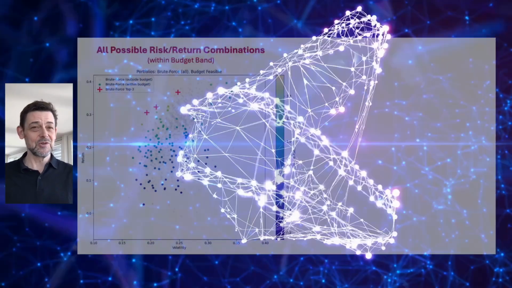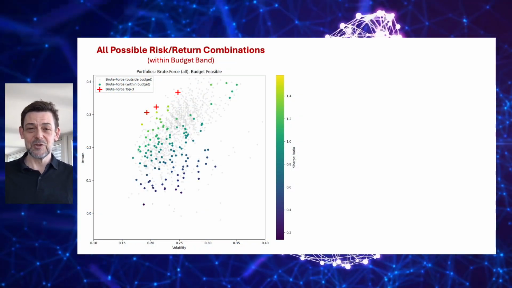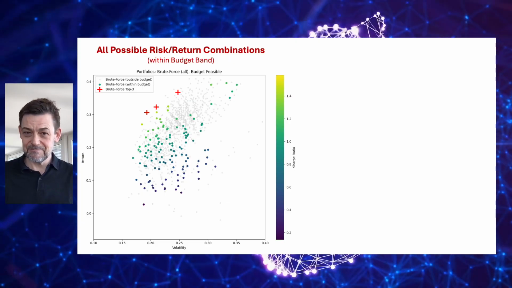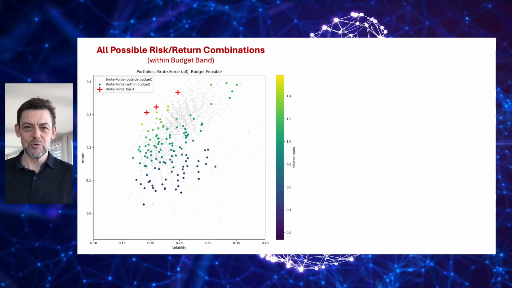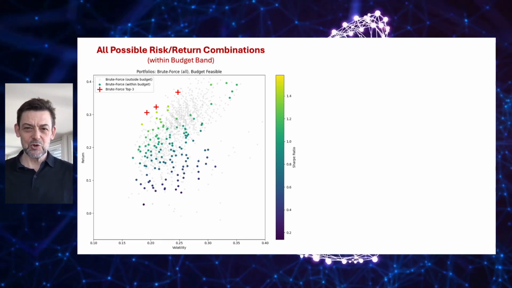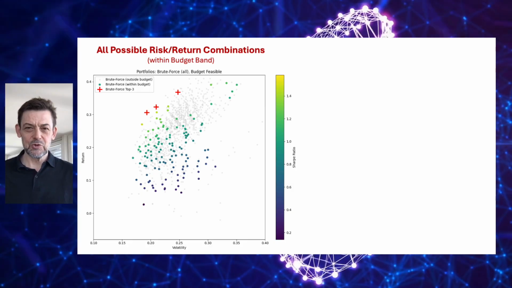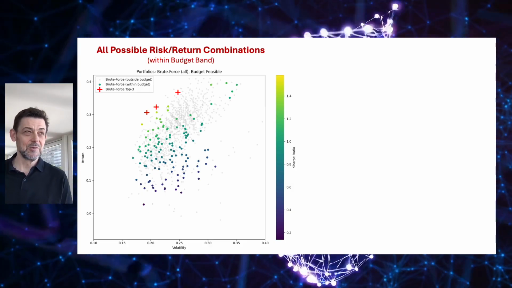As said, you find the Python notebook on the qubit-lab.ch webpage right below the video tile. Here, we see the brute force list of the portfolios on the risk return view. Each dot is a portfolio. The dots which are not colored are portfolios outside of the budget bandwidth.